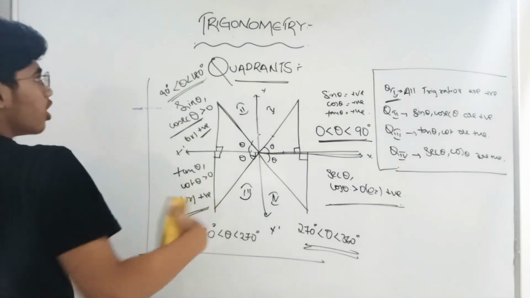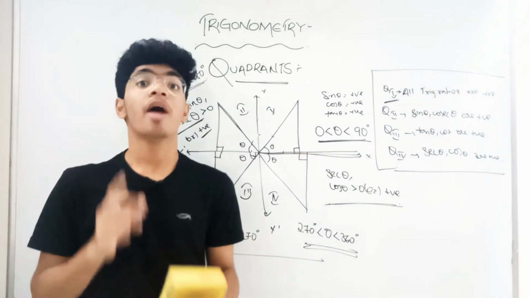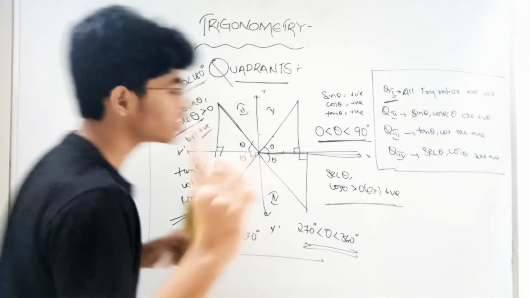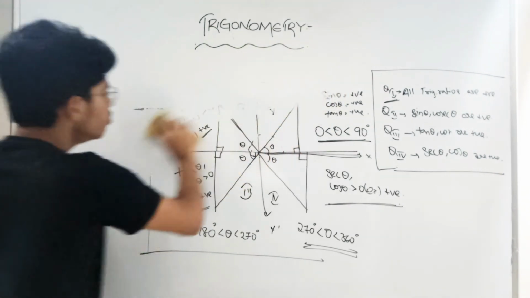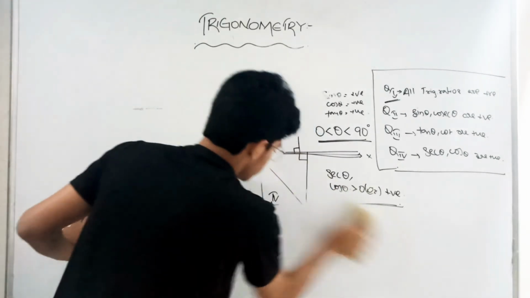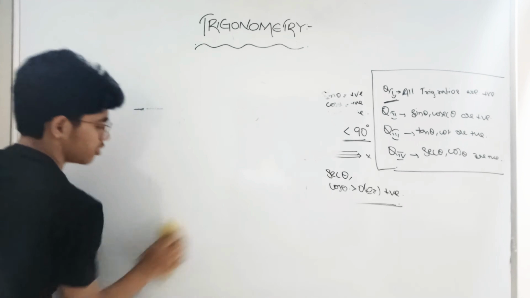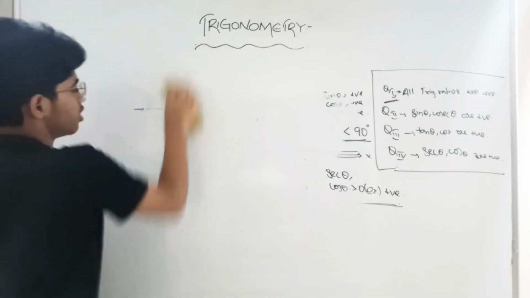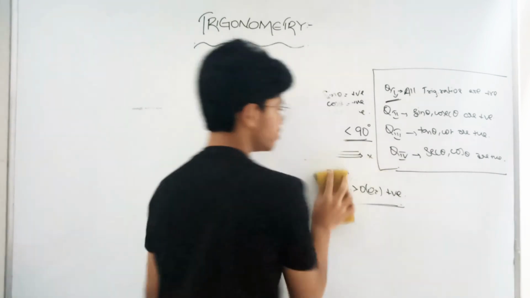Now we are moving on to how to calculate the values of trigonometric ratios for angles more than 90 degrees. Most important topic. I hope you have noted this down.